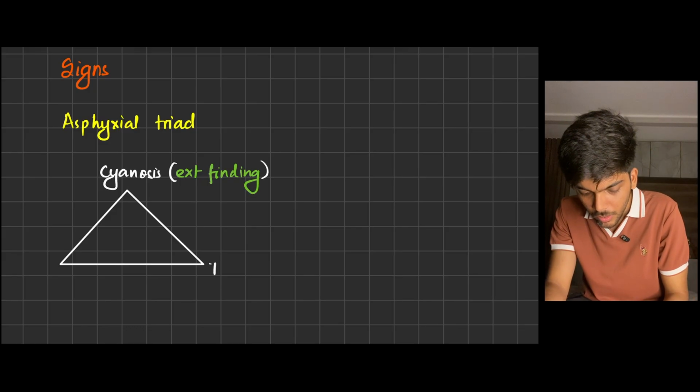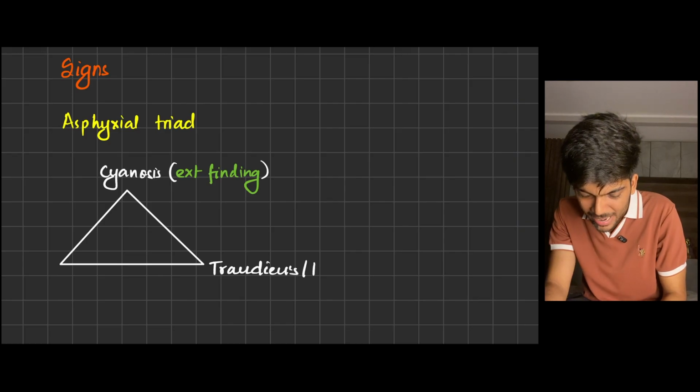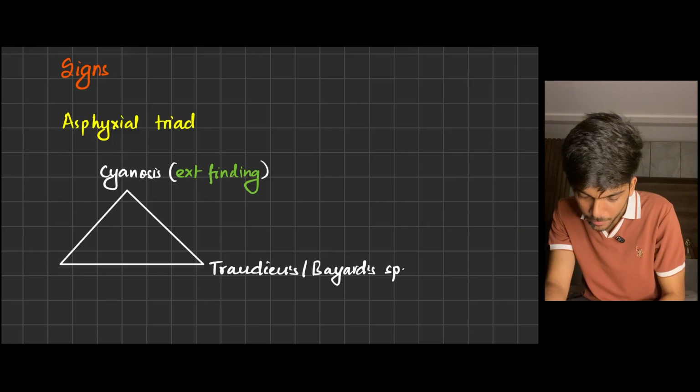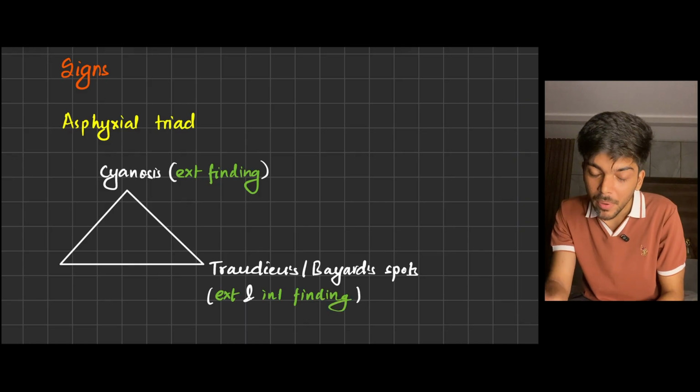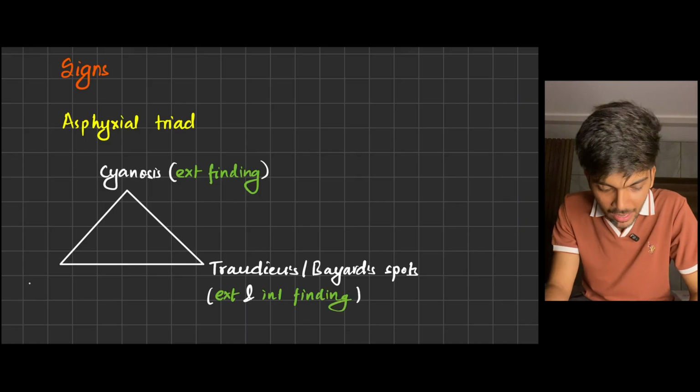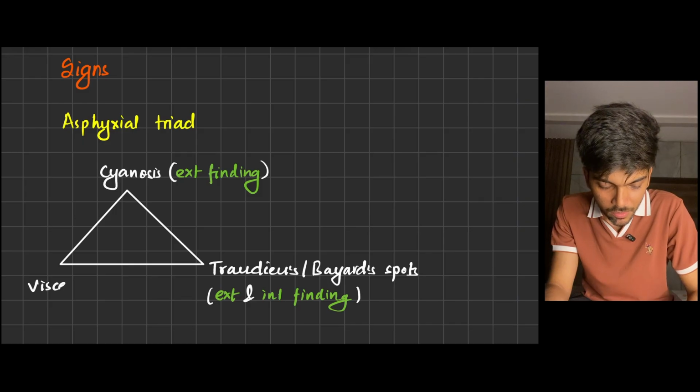Number two, Tardieu or Bayard spots. They are in the form of external and internal findings. They are nothing but the petechial pinpoint hemorrhages and visceral congestion.